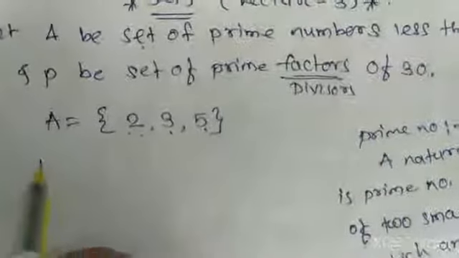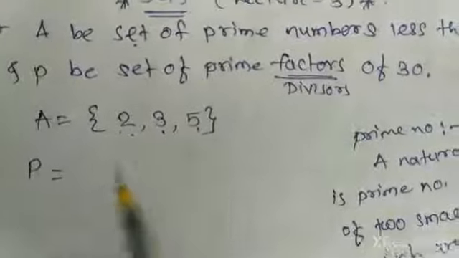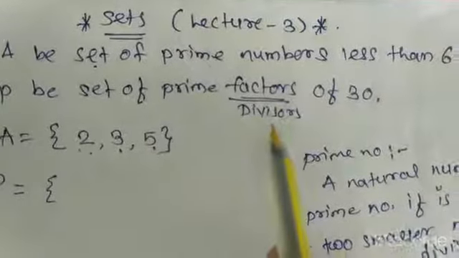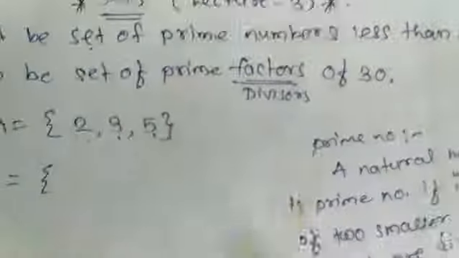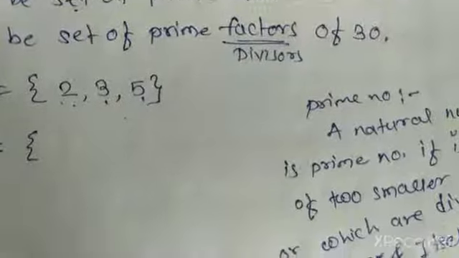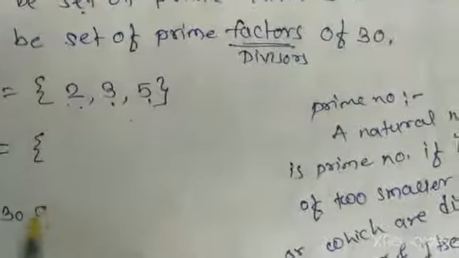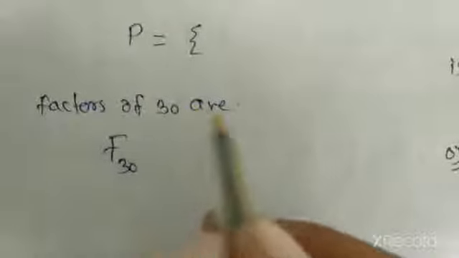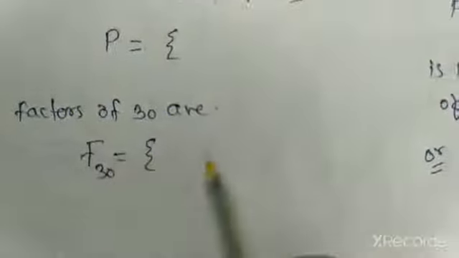Next, the set P, which I have to define. We first find the divisors, or factors, of 30. Factors of 30 are denoted by capital F subscript 30.